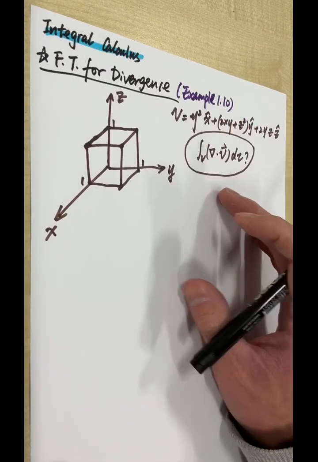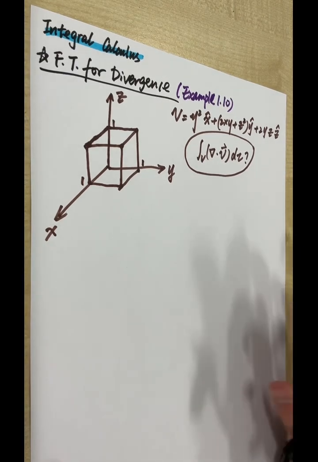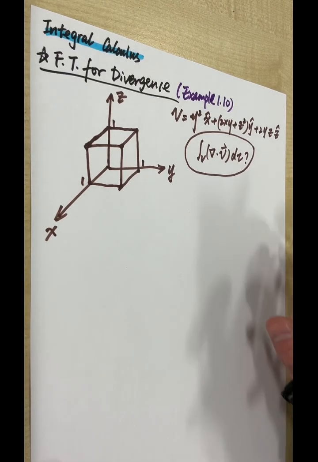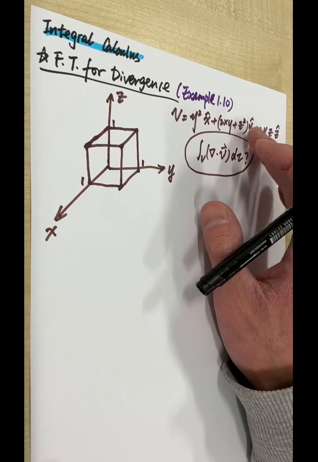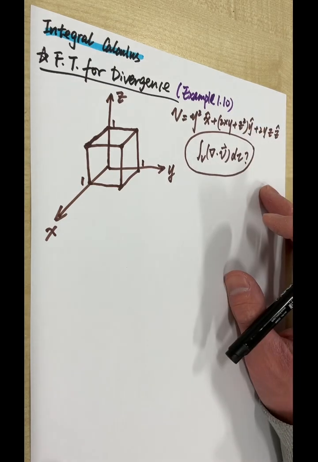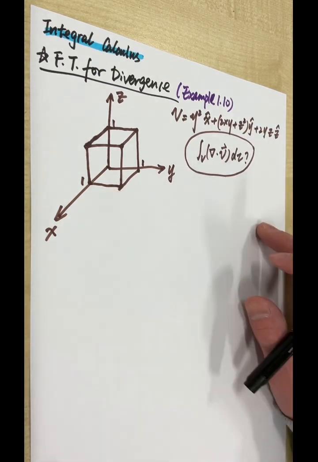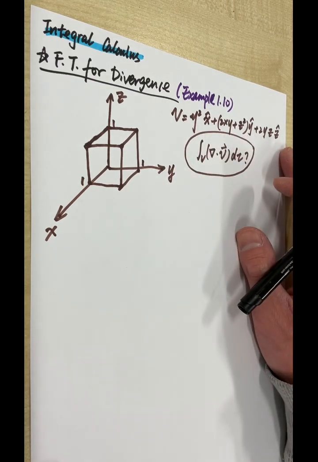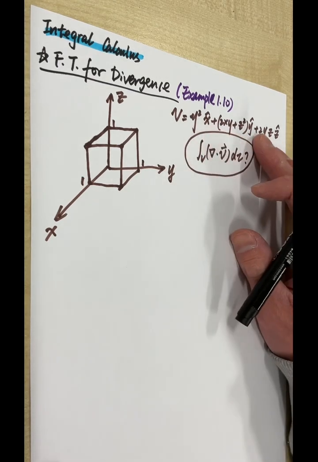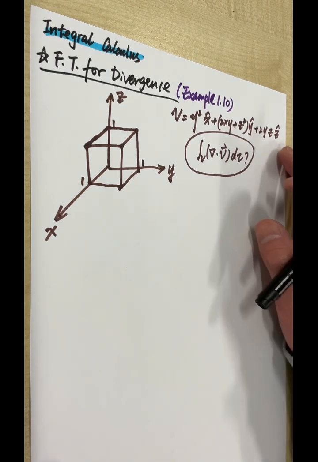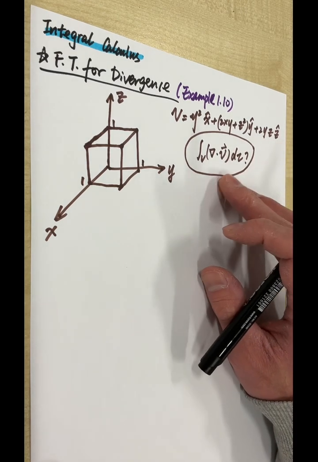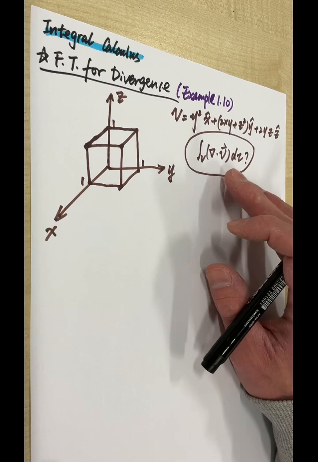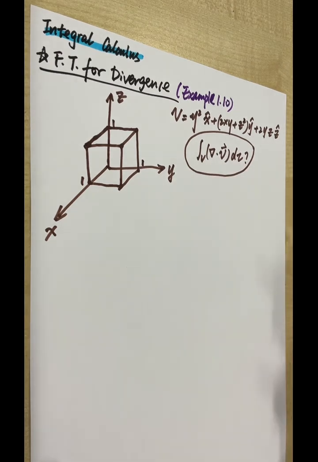Let's look at an example for the fundamental theorem for divergence. This is example 1.10 of the textbook. Now we have a cube. The vector is given by this equation, with an x direction, y direction, and z direction. The question is, what is the volume integral of this divergence?